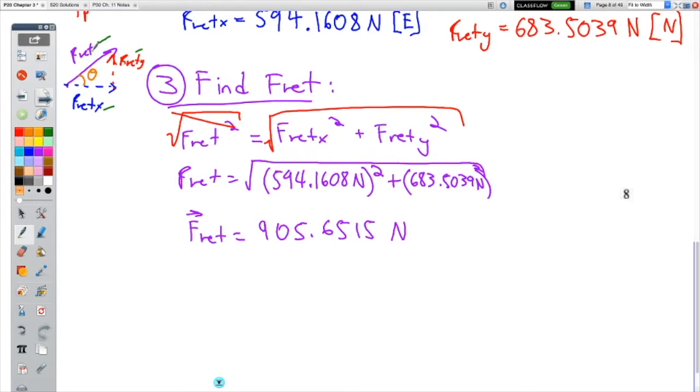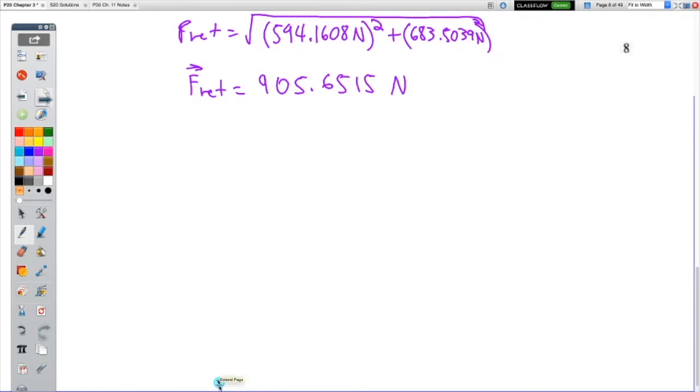I calculated F net with F net X and F net Y, whereas F net X and F net Y are one step back in terms of what I needed to calculate them. You know what I mean? So I'm going to use F net Y and F net X to get theta. That's just my paranoia, I guess you could call it. Okay, I like to do that.